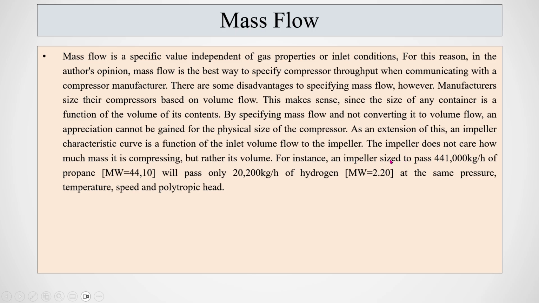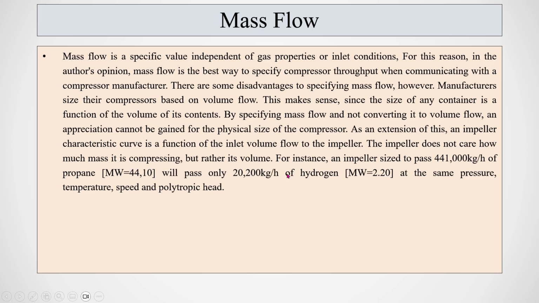For example, a similar size impeller can pass 44,100 kg per hour of propane, whose molecular weight is 44.10, and will pass only 2,200 kg per hour of hydrogen, whose molecular weight is 2.2.